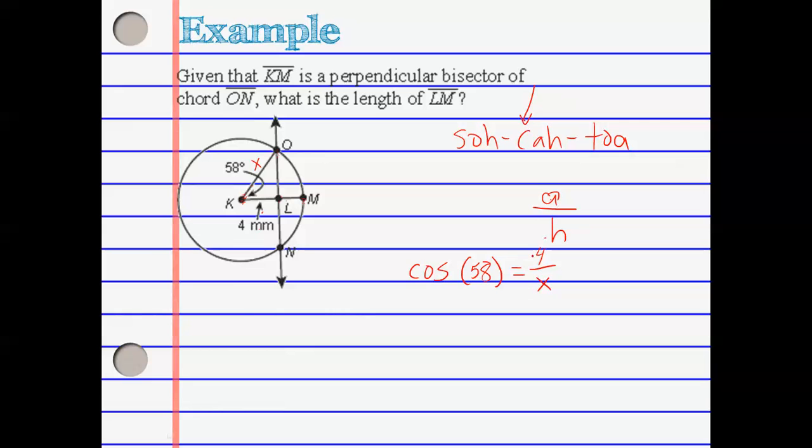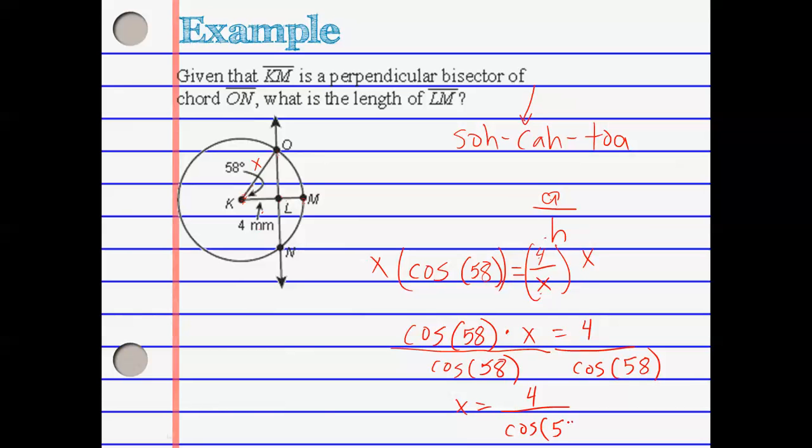This one requires an extra step, because 4 is being divided by x. So we multiply by x on both sides first, giving us the cosine of 58 times x equals 4. To get x by itself, we divide by the cosine of 58. So x equals 4 over cosine 58.